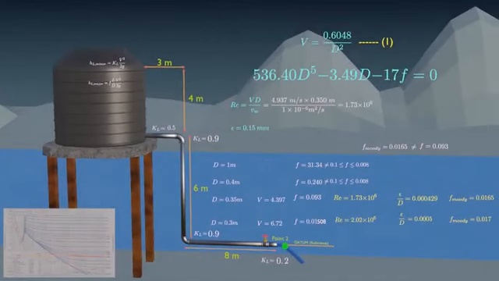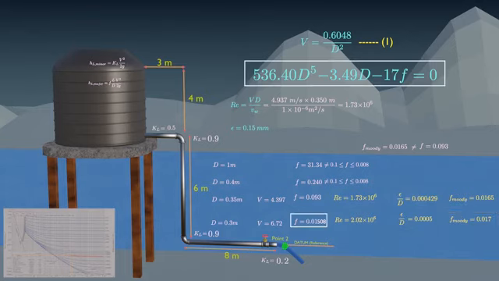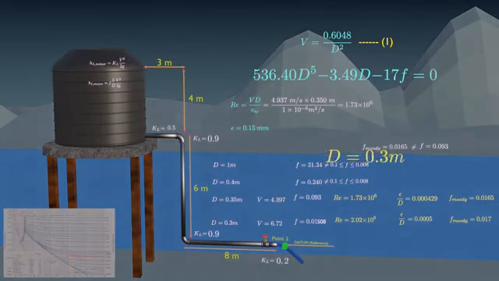With these new values from the Moody diagram, which is fairly close to the previous value obtained from the previous equation. Therefore, we will use diameter as 300 millimeters.